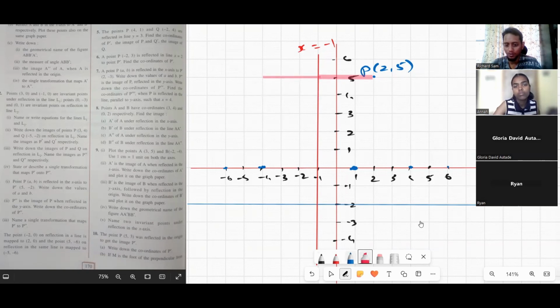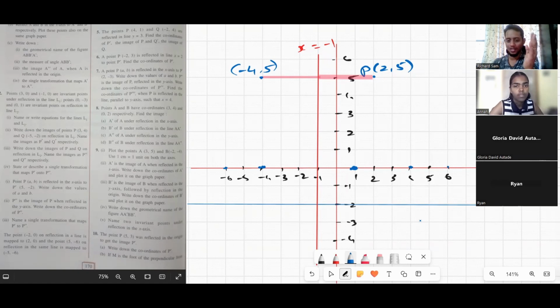That's where the reflection will be. This is the point, so that is -4 and 5. So you notice when any line is parallel to the y-axis, the y coordinate did not change. This 5 is remaining as 5 only. Only the x coordinate changed, right?